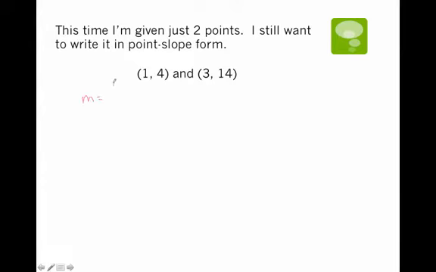I've got y2 minus y1 over x2 minus x1. Could I have flip-flopped those? Yes, just remember to use your cover-up method to check to make sure that both of these points are in the same ordered pair. So my slope is 10 over 2 or 5.